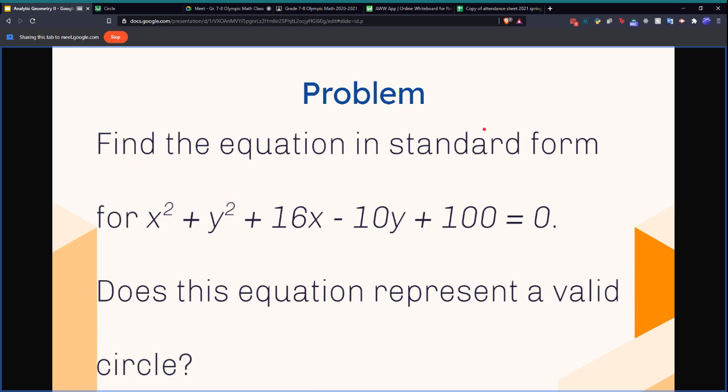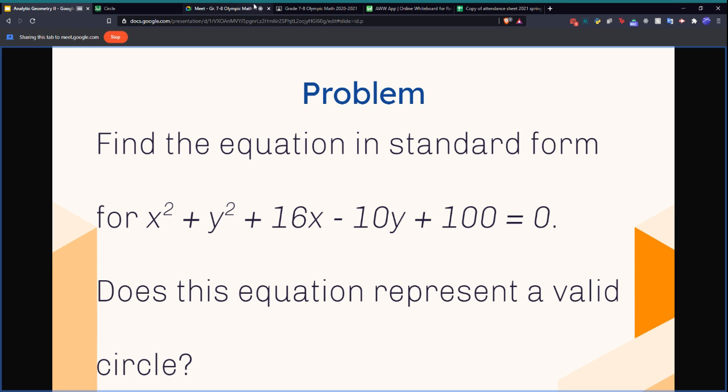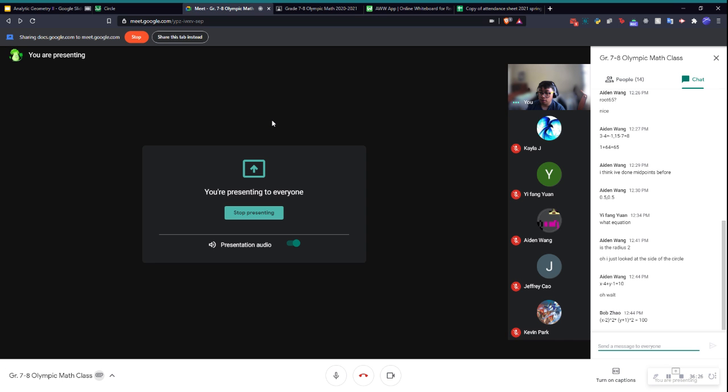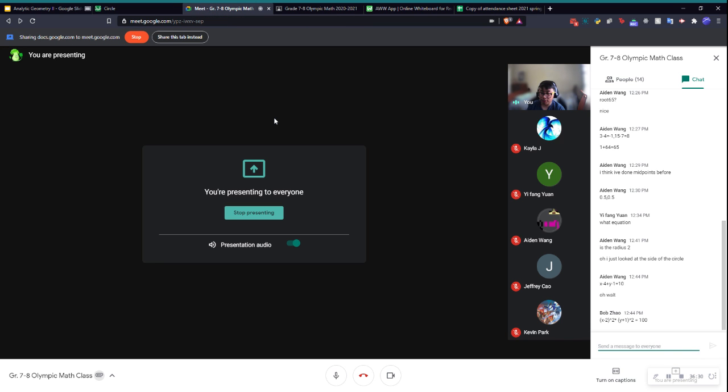I'll give you guys a minute to maybe solve this or think about it. Probably won't get it in time, but just take some time to think about how you solve this. If you have an answer for the equation already, just type it in the chat. I think saying it out loud would make it a bit confusing, so just type your answer in the chat if you can.